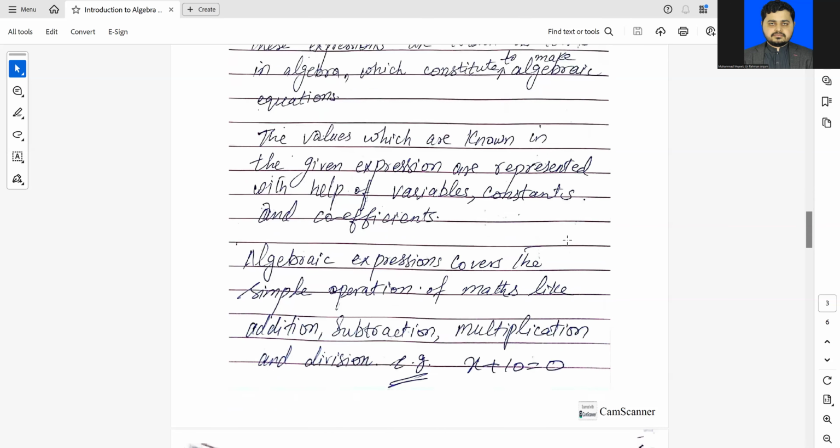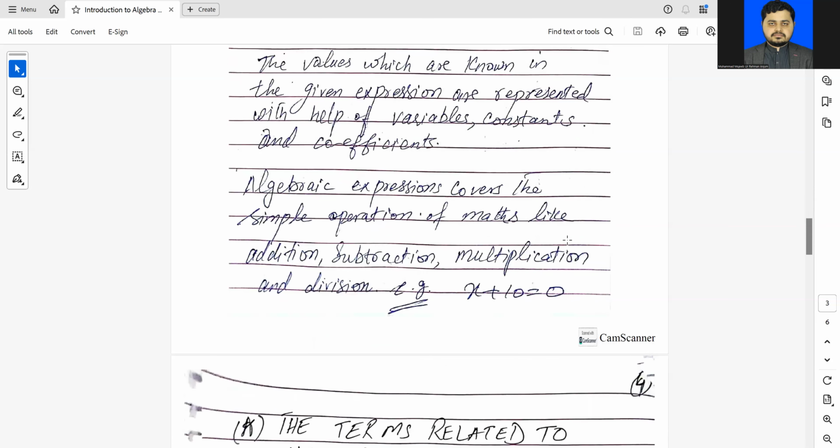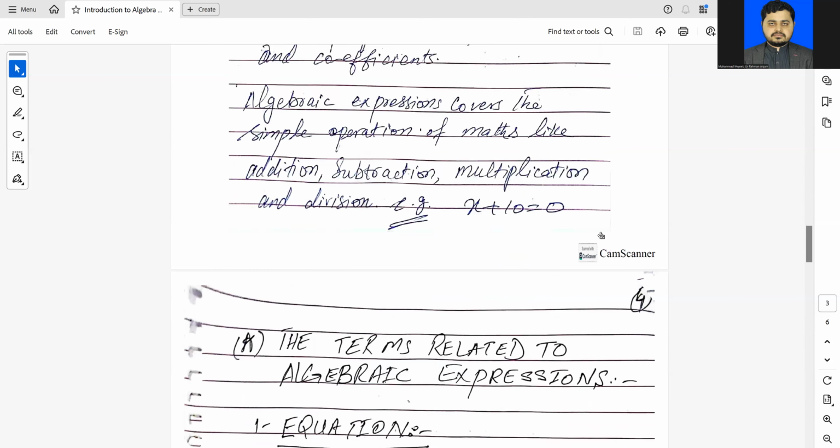Algebraic expressions basically cover the simple operations of maths like addition, subtraction, multiplication, and division. The basic example of an algebraic expression can be a linear equation in one variable. The example is x plus 10 equals 0.